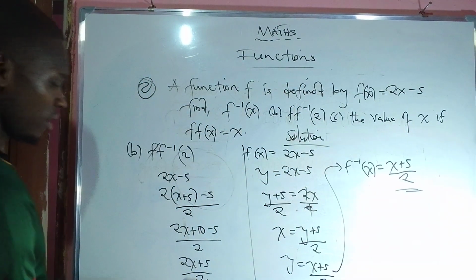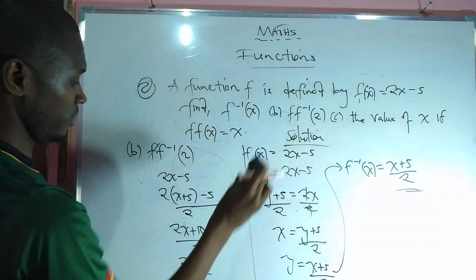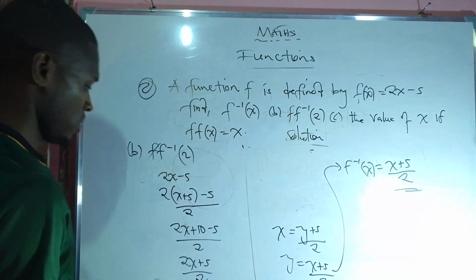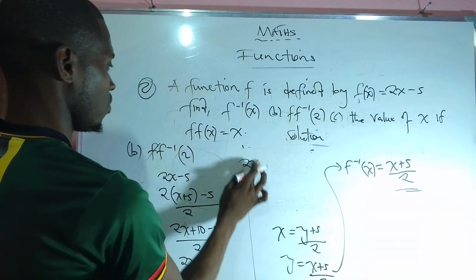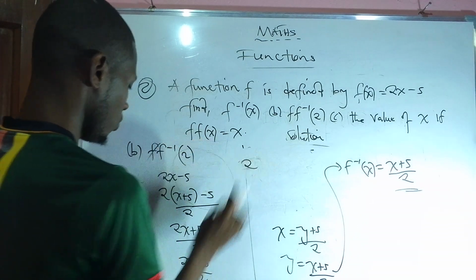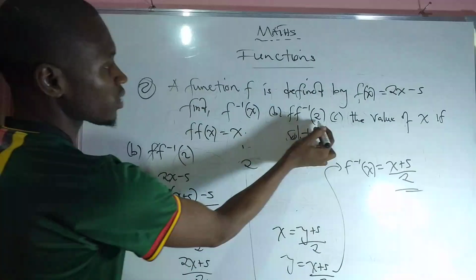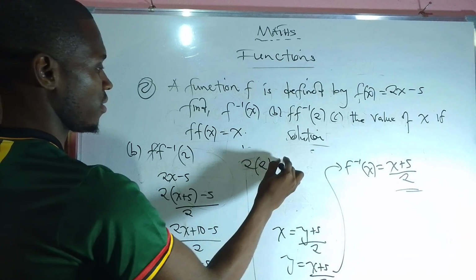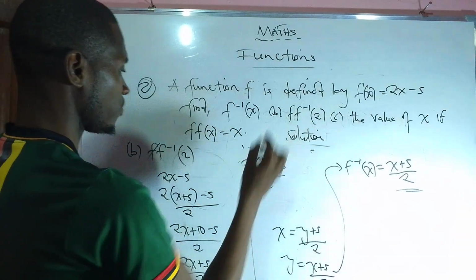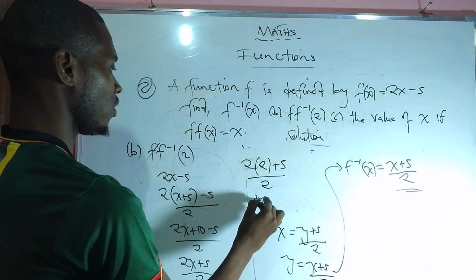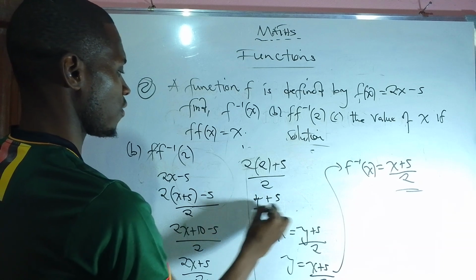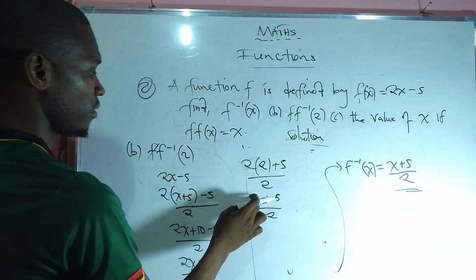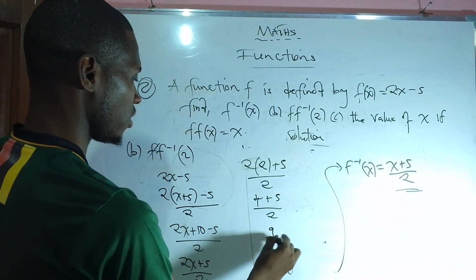Therefore, where there is x now, we replace with 2. So 2 plus 5 over 2. 2 times 2, we are getting 4, plus 5, then we're going to get 9 over 2.